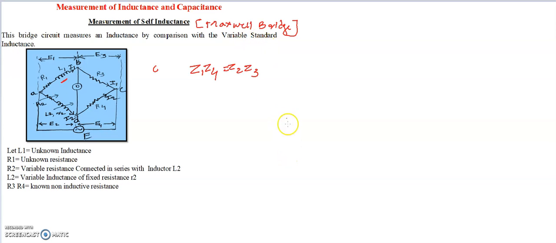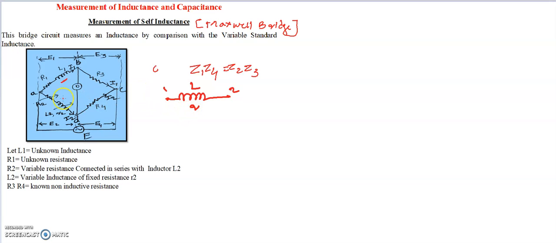We know that the inductance is being represented like this. Okay, it's terminal 1 and it's terminal 2 inductance. So for inductance, it has small resistance also. It is represented as small r.